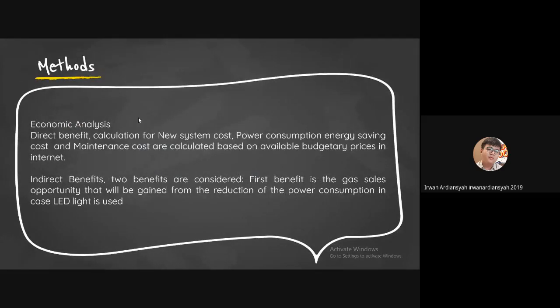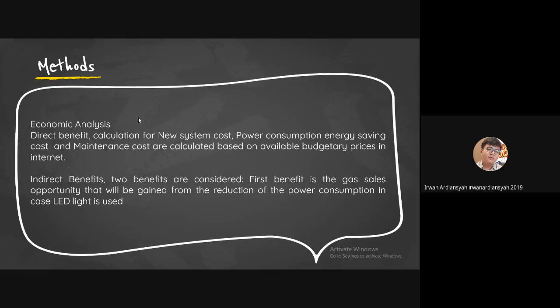There are two economic analyses. Direct benefit: the calculation for new system costs, power consumption, energy saving costs, and maintenance costs are calculated based on available budgetary prices on the internet. Indirect benefits: two benefits are considered.